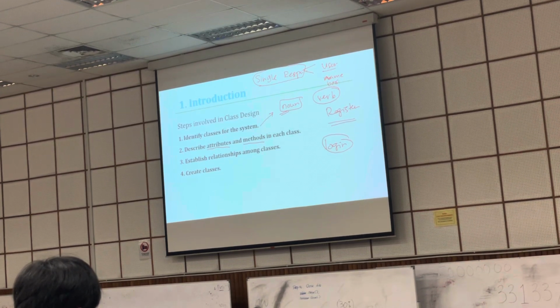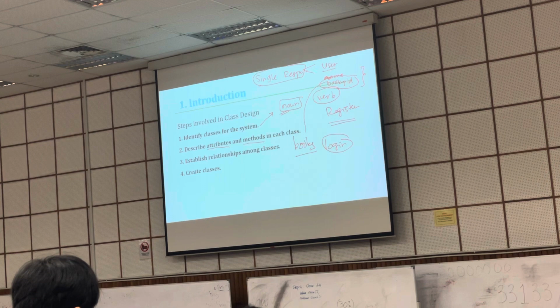Booking ID. Can you put booking ID under the user? Does user have this attribute? Attribute means what? Describing a particular noun, right? Does booking ID describe a user? No, it is not describing a user. This is describing a booking. Booking is the one who will have a booking ID. So check back your data.